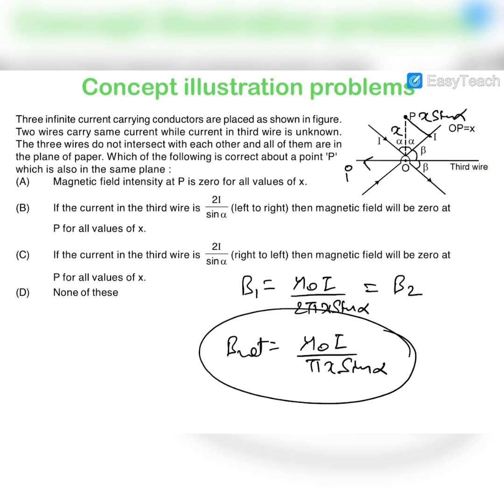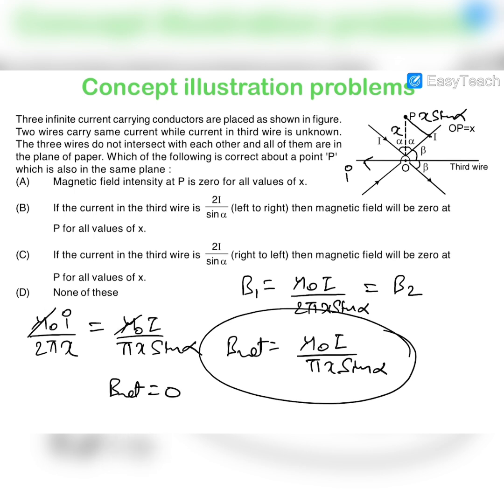So due to the third wire, the magnetic field will be mu naught i by 2 pi x, and if it is equal to mu naught I by pi x sine alpha, then the net magnetic field at P will be 0.